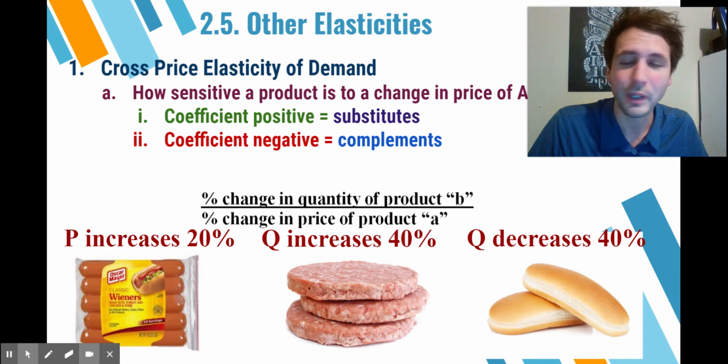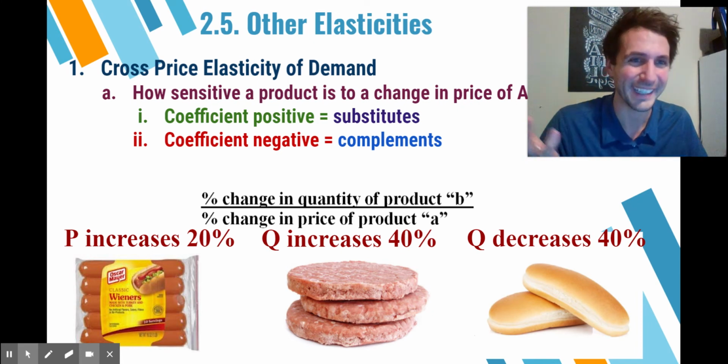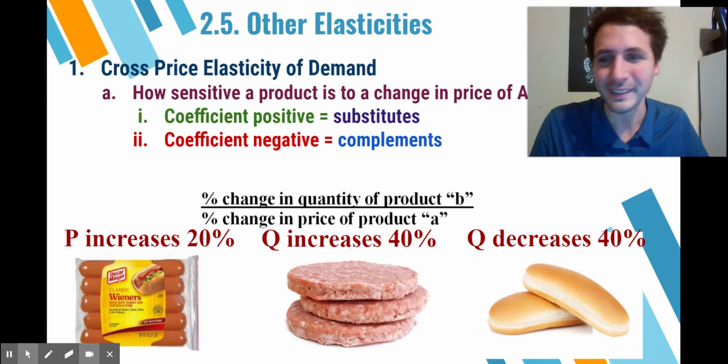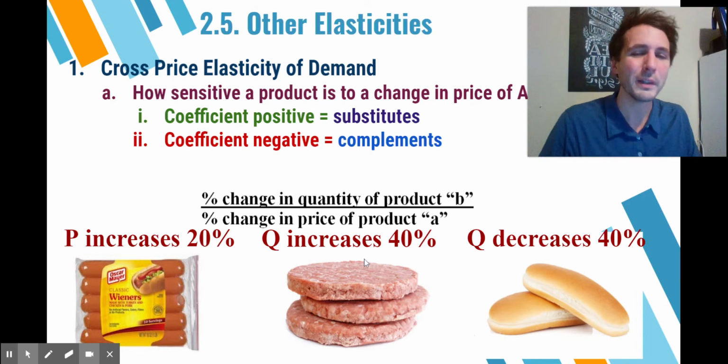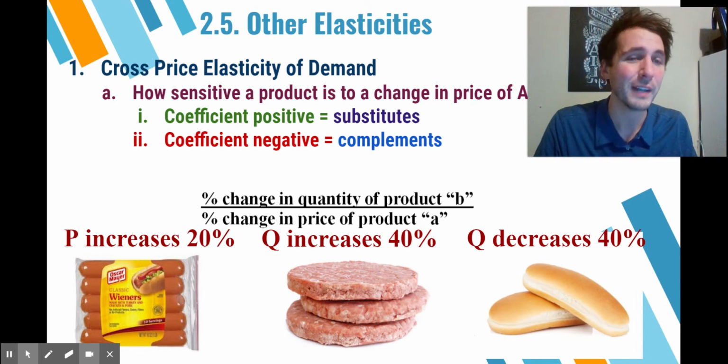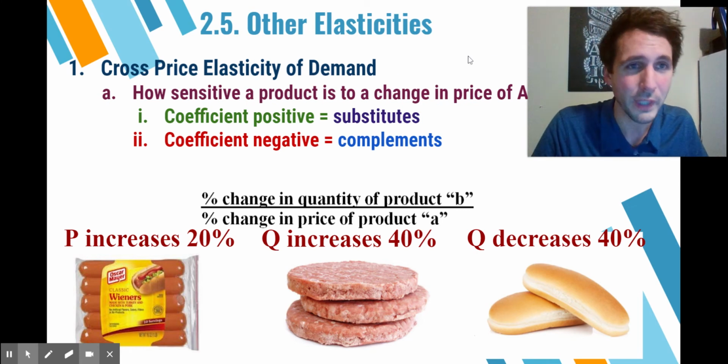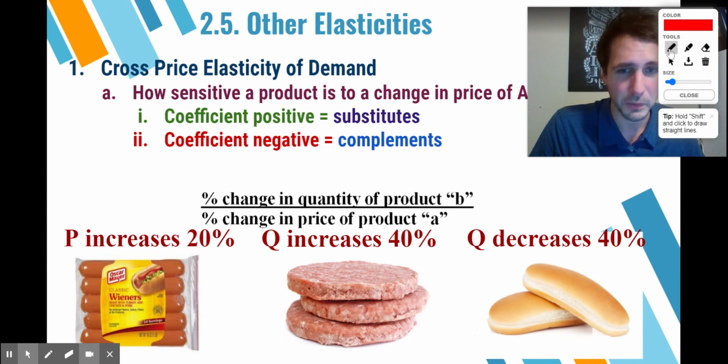They call it tartar. I guess raw hamburger patties. So the price of hot dogs went up by 20%. The quantity of hamburgers went up by 40%. But at the same time, the quantity of hot dog buns went down by 40%. Can we find which of these are complements and which are substitutes?